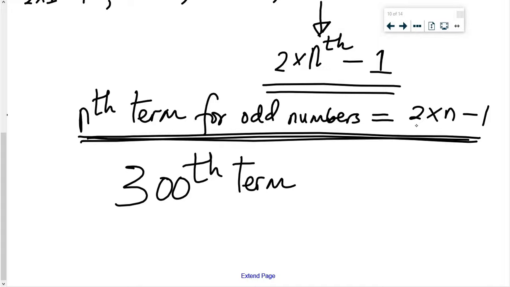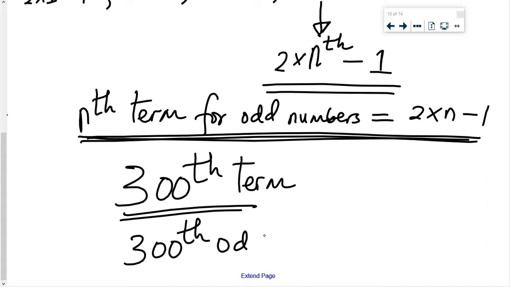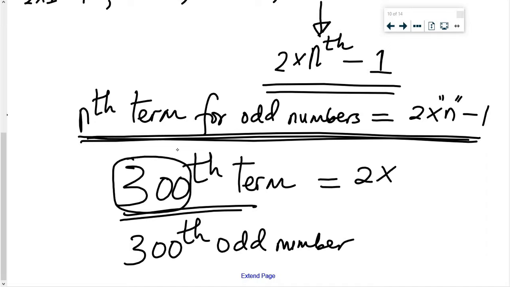So the moment we got the nth term, which is 2 into n minus 1, we can calculate the 300th term, or the 300th odd number, which in this case will be 2 into, in place of n, you're going to put 300.